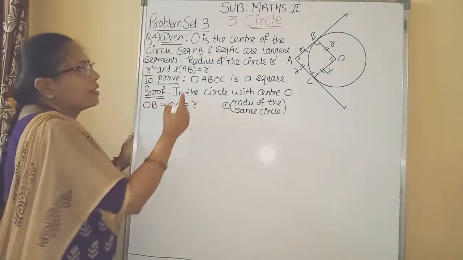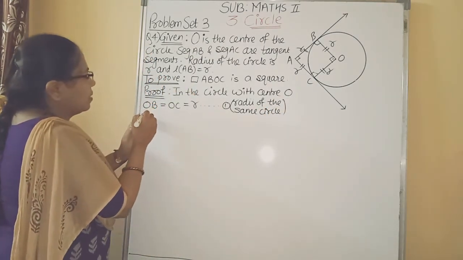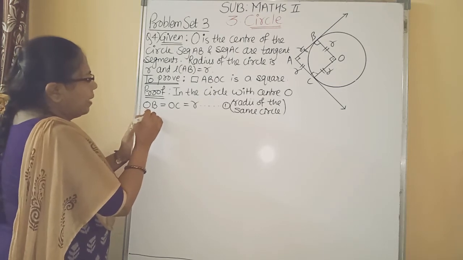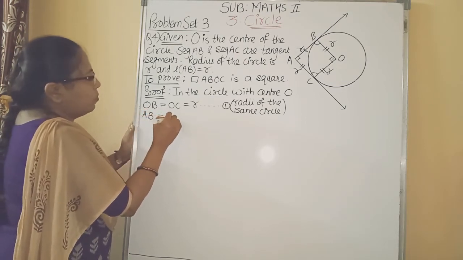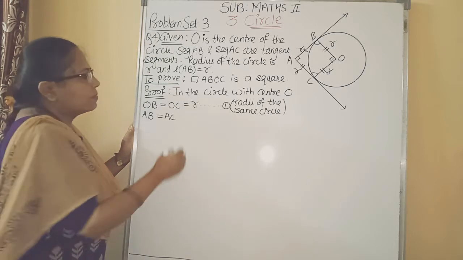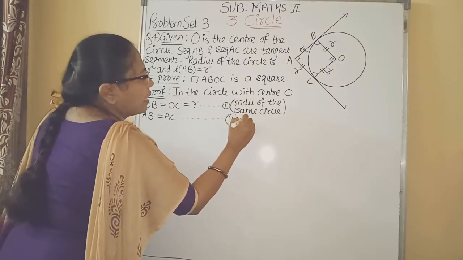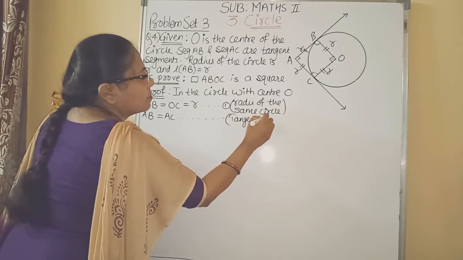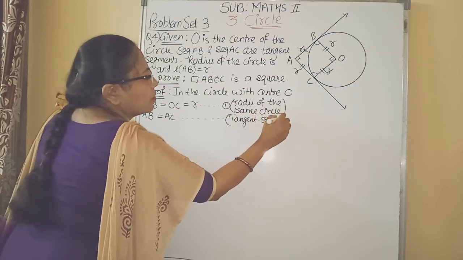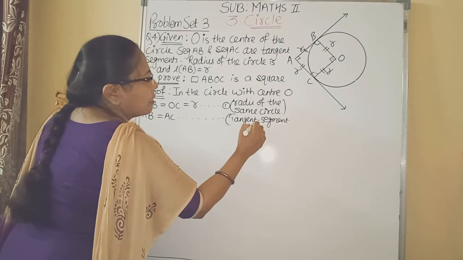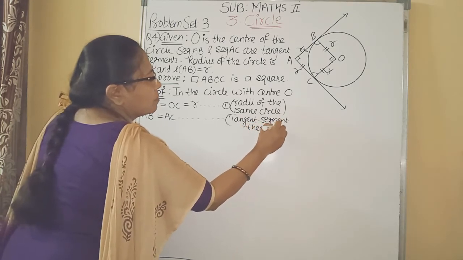Okay. Then AB equal to AC. Reason, tangent segment theorem.